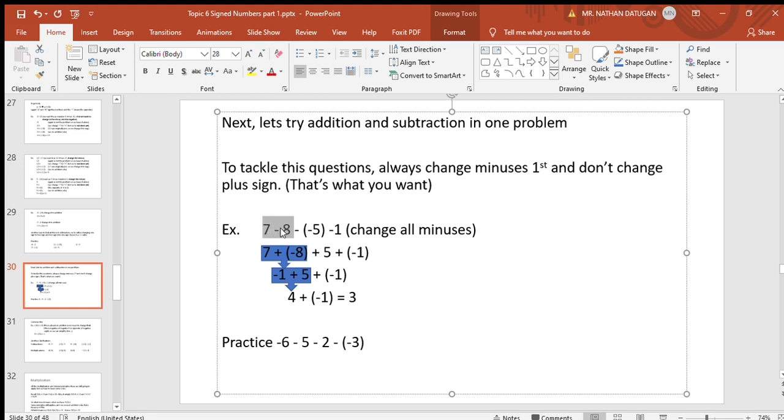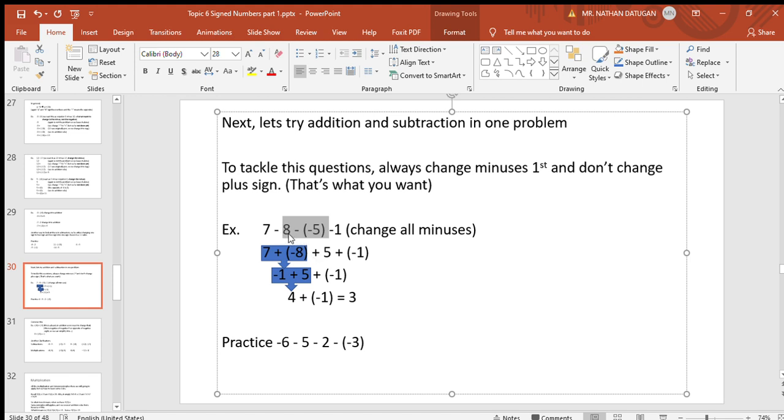7 minus 8: 7 stays as is, minus changes to plus, 8 turns to negative 8. Now we're going to change this part into an addition problem.